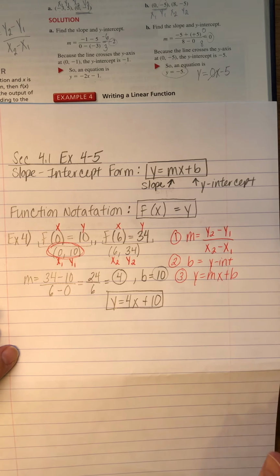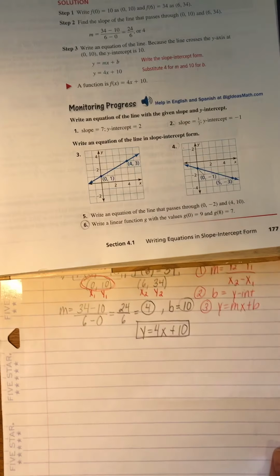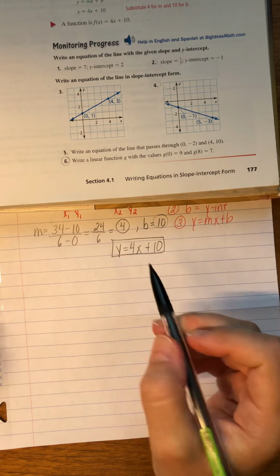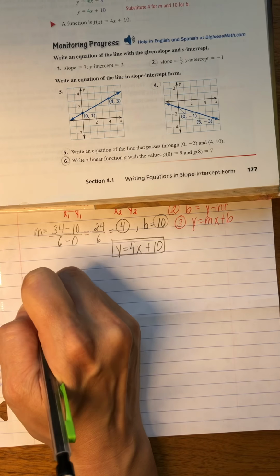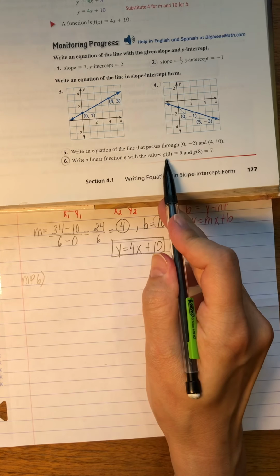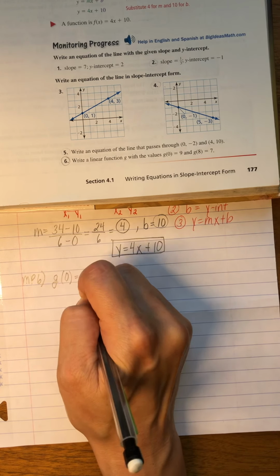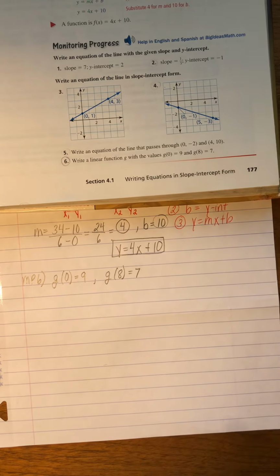Let's do another example like this, just so that we can get some more practice. And I'm going to get this down from the monitoring progress questions. So I'm looking down here at monitoring progress 6. Let's write down the two function notations they give us. G of 0 equals 9 and G of 8 equals 7.